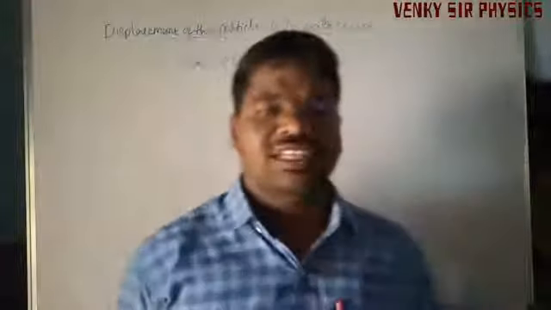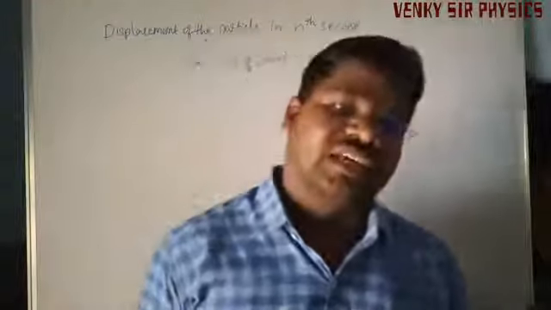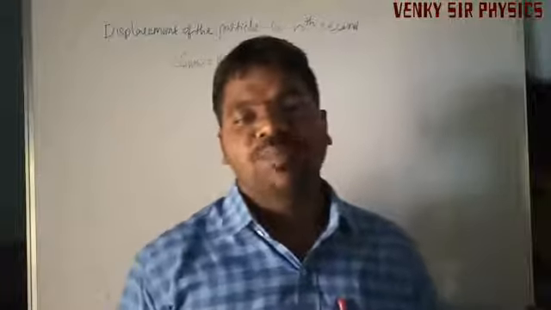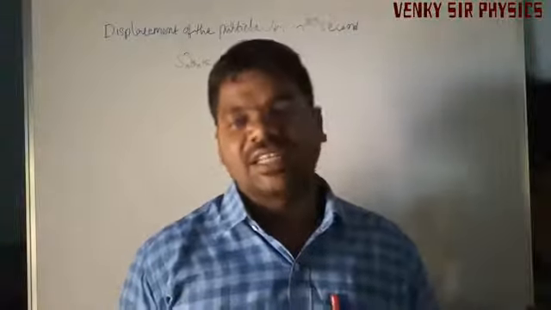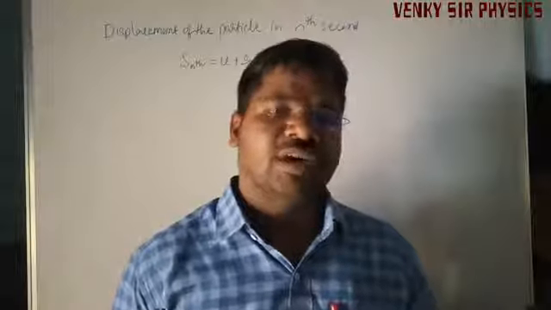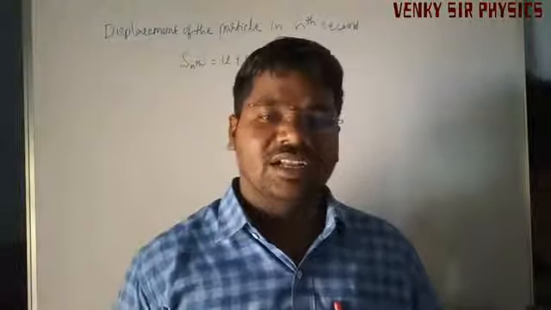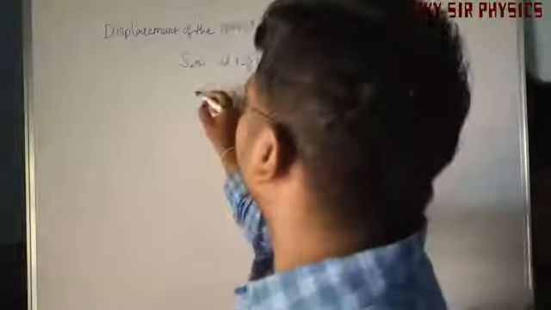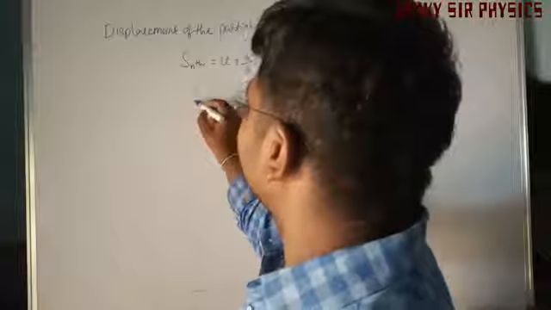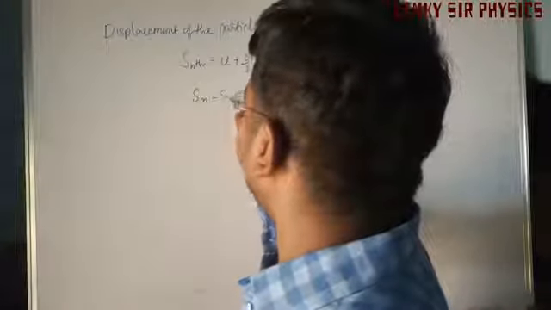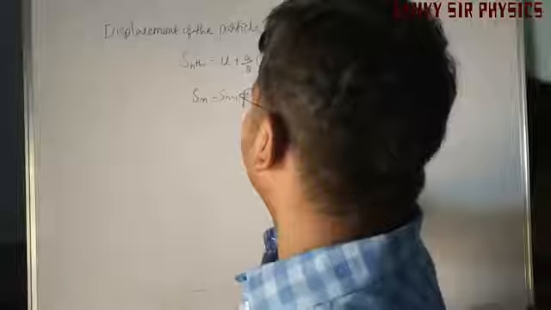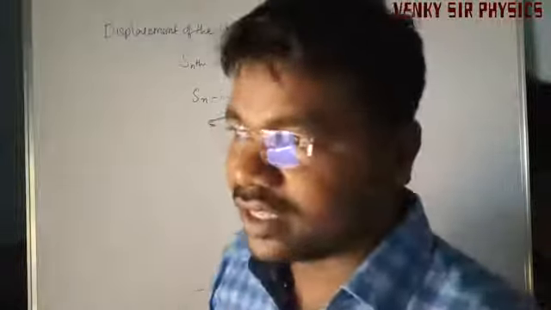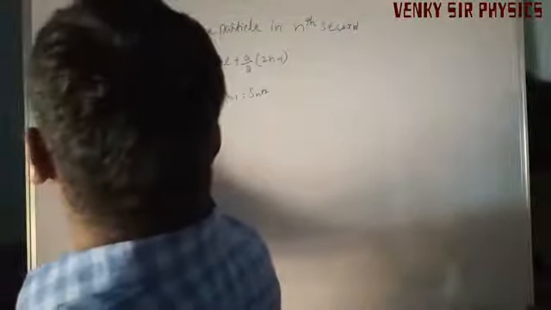To find the displacement in nth second, we subtract the position of the particle at the n minus 1th second from the position of the particle at the nth second. We know that s is equal to ut plus 1 by 2 at square.